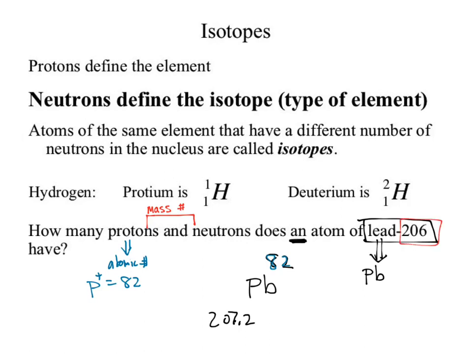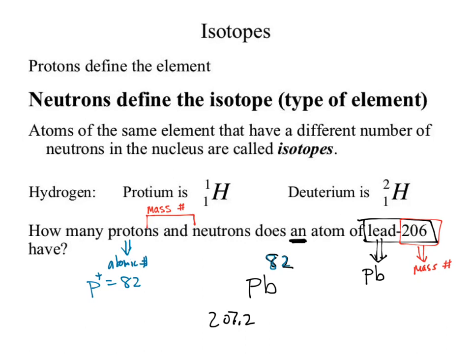Our 206, this is a different notation for how we can reference the isotope of an element. We can give the element name followed by the mass number. So what is the difference between mass number and atomic weight? The atomic weight is the average of all isotopes. The mass number is the mass for an individual isotope.